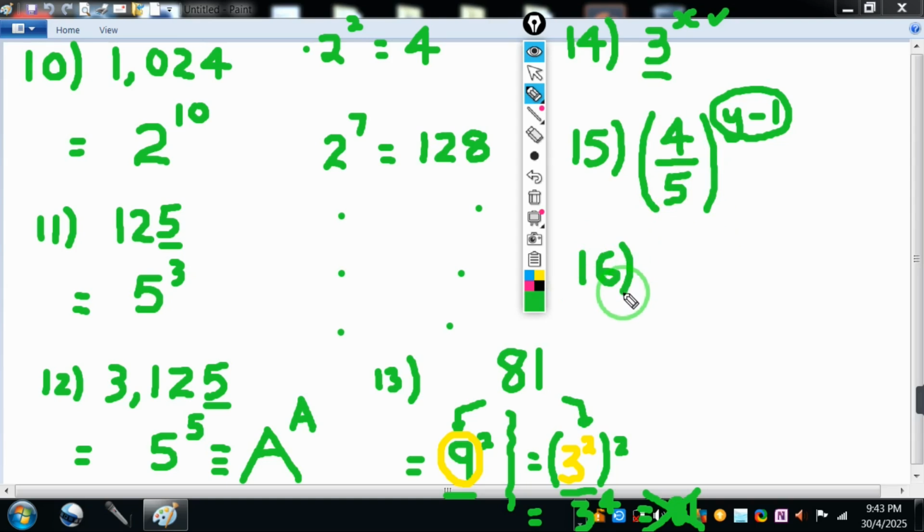Next one is 2 and 2/5 to the power of 1 minus 2x. Ooh, mixed number. This is a proper fraction, small over big. Then with a whole number here, this is a mixed number. And that's 1 minus 2x.